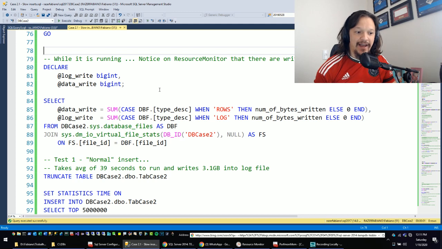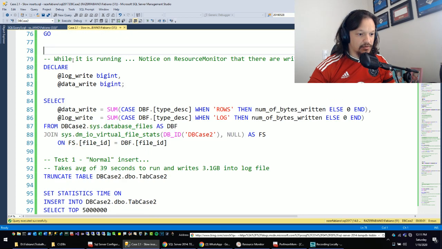Let's look at the fact that when you insert data, you could have a regular logged operation, or you could have a minimally logged operation. That's a point I want to show here.